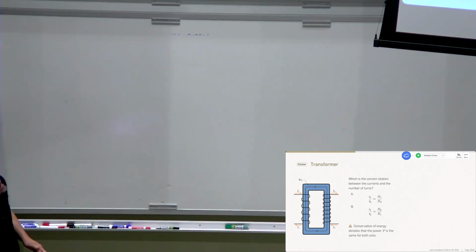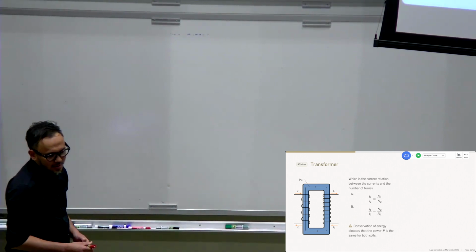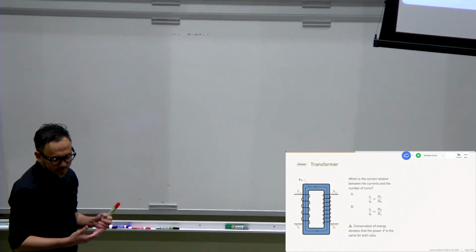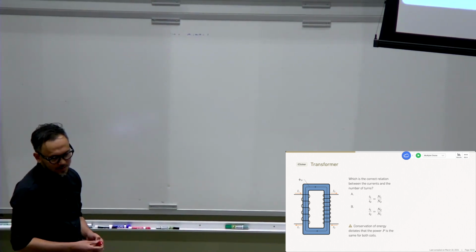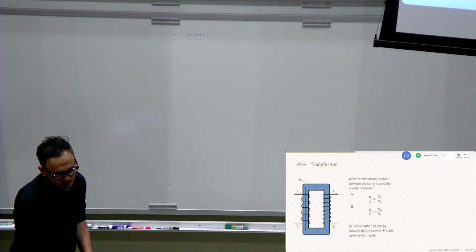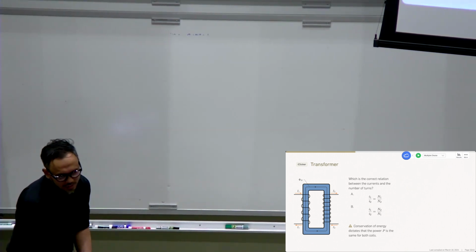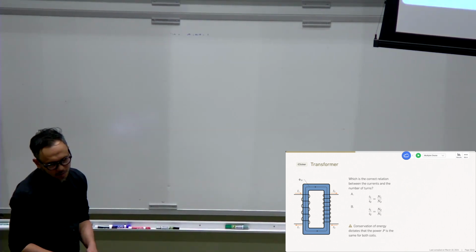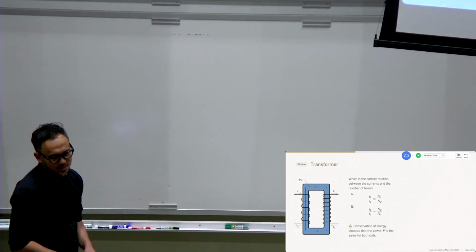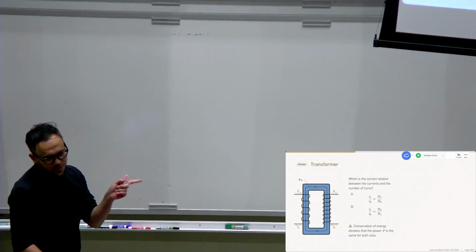Unfortunately, I made a mistake. It should be a small letter i, not a capital I. One coil is more dense than the other. The question is, which is the correct relation between the currents and the number of turns? Is it option A or option B?